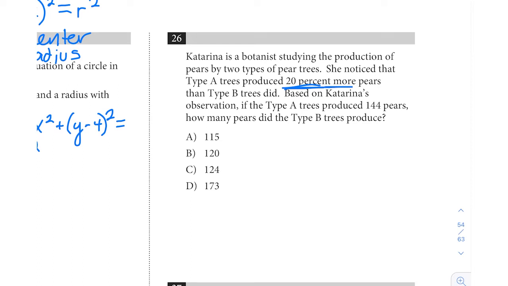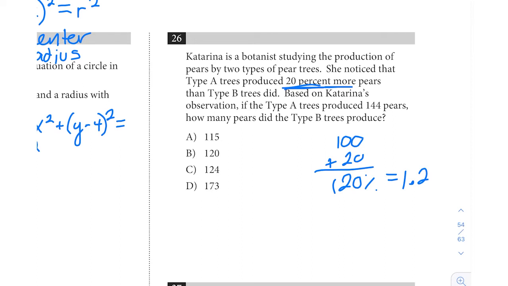So 20% more would be an increase of 20%, which means that you're looking at now 120% of your original value. And 120%, or as a decimal, that's like saying 1.2, that would be your multiplier that should give you your new value, your end result.